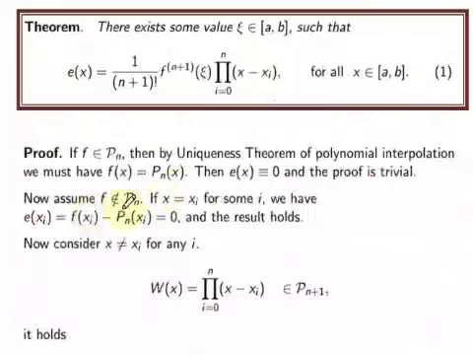So at each node, the error function is equal to 0. I think this is clear.